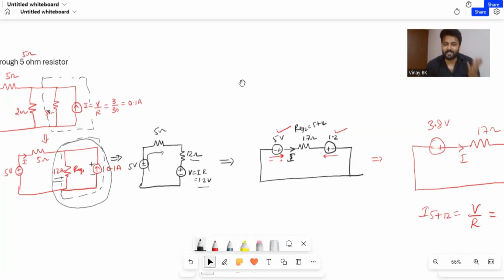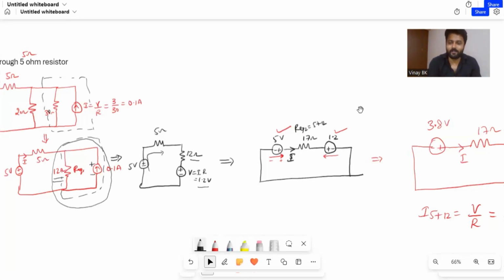Current flowing through the 5 ohm is the same as through the 12 ohm. Now for the 5 and 1.2 voltage sources, both polarities are in opposite direction, so you take the difference between 5 and 1.2, which is 3.8 volts, and the 5 volt source has the highest magnitude, so we consider that polarity as minus and plus.